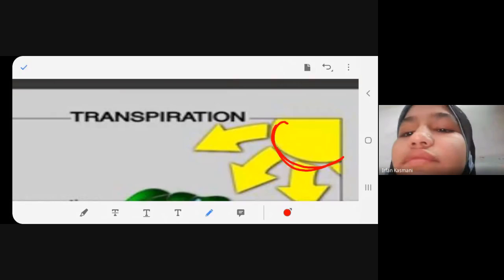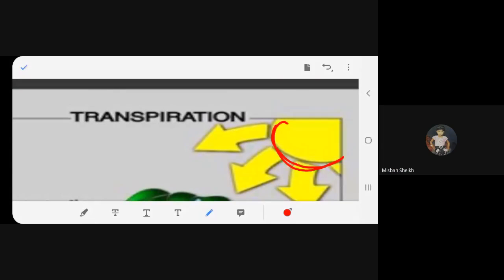When does it take place? During daytime. Don't say sun, say during daytime. Transpiration is not observed at night time. Remember that. Transpiration is observed only during the day.